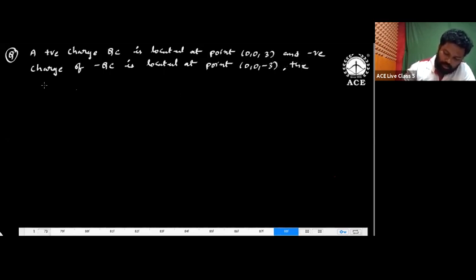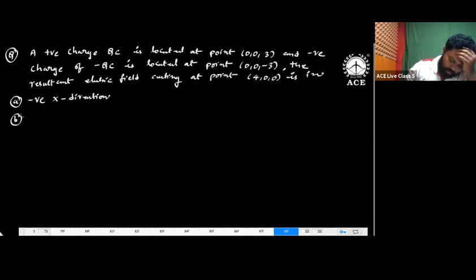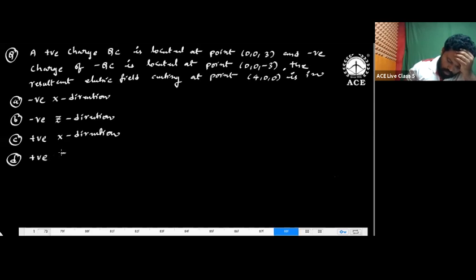The resultant electric field acting at point (4, 0, 0) is in: option A, negative x direction; option B, negative z direction; option C, positive x direction; option D, positive x z direction.